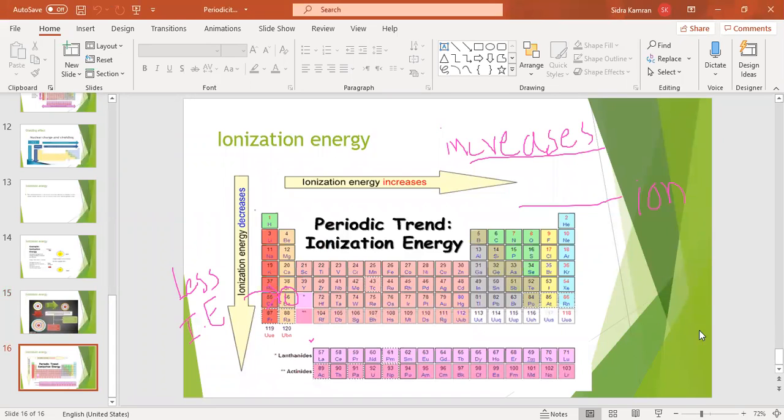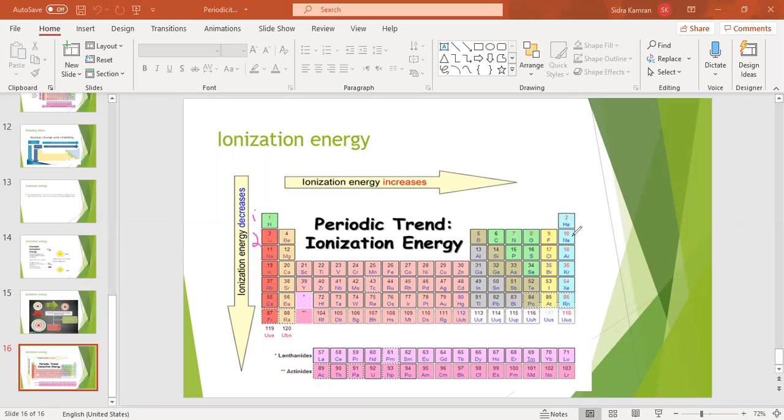Here you can see the complete periodic table. In a period, for example, this is period 1 and this one is period 2. The number of electrons is increasing because atomic number along the period increases.